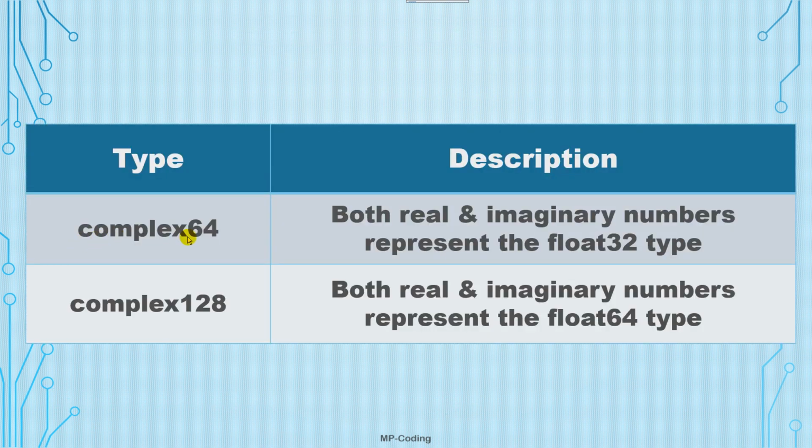Okay, complex 64 type: here both real and imaginary numbers represent the float 32 type. Then complex 128 type: here both real and imaginary numbers represent the float 64 type. Okay, you need to remember this. And I will explain more about complex numbers from the example.